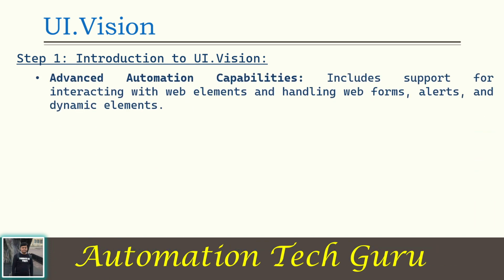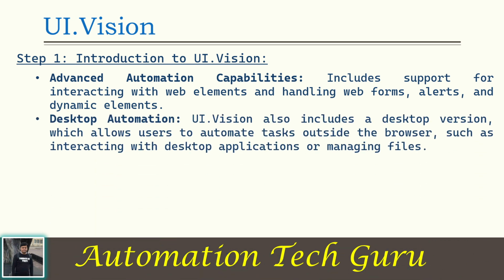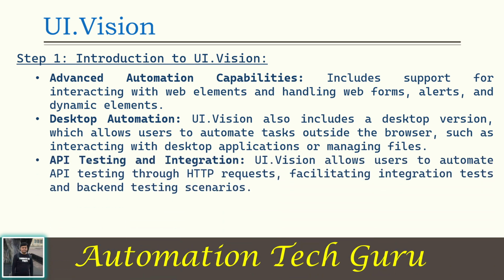Advanced automation capabilities include support for interacting with web applications, handling web form alerts and dynamic elements. Desktop automation: it also includes a desktop version which allows users to automate tasks outside the browser, such as interaction with desktop applications and managing files.